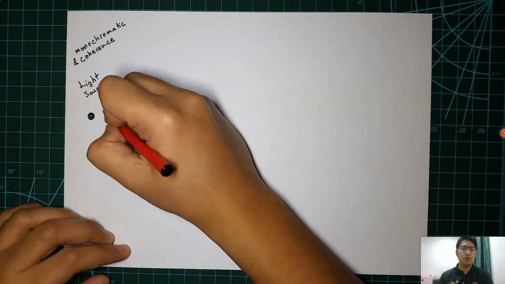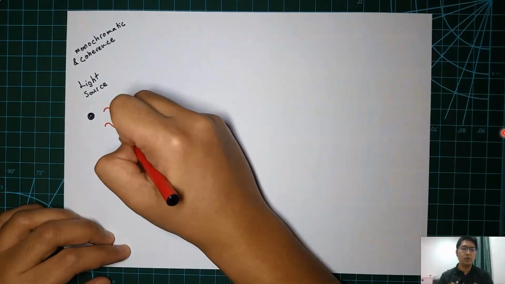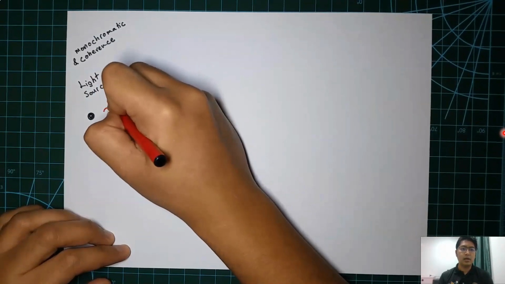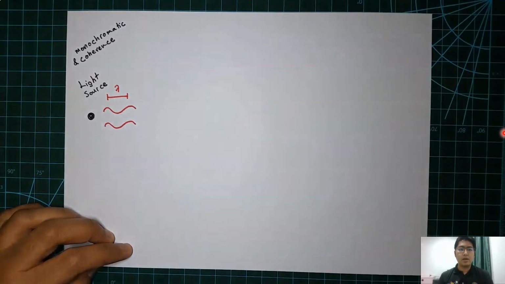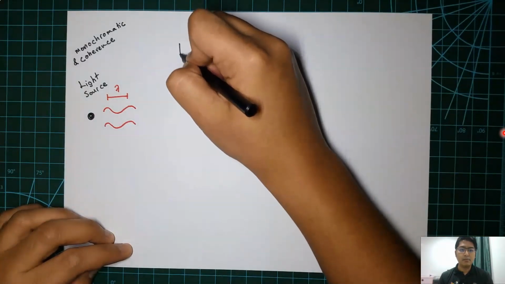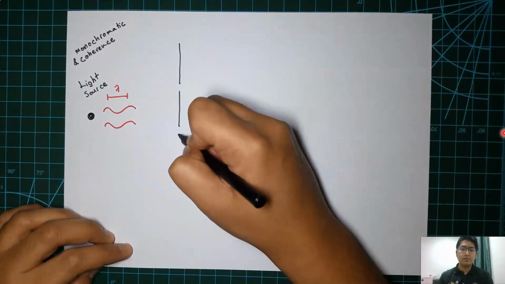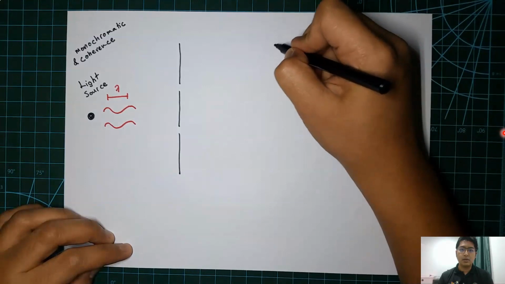So for the Young two-slit experiment, of course you need a monochromatic and coherent light source with a certain lambda. Usually the lambda needs to be in nanometers. These are the two slits of Young's experiment.